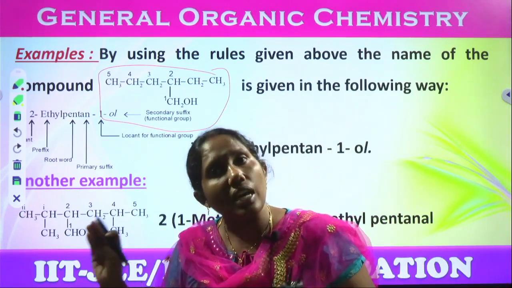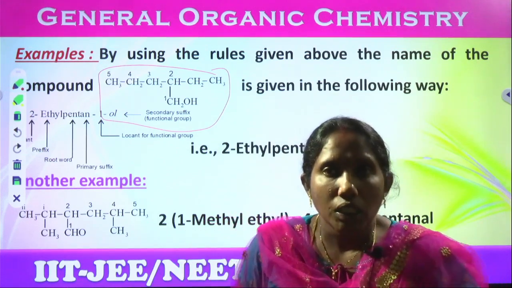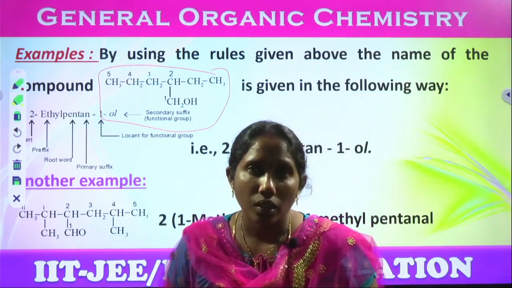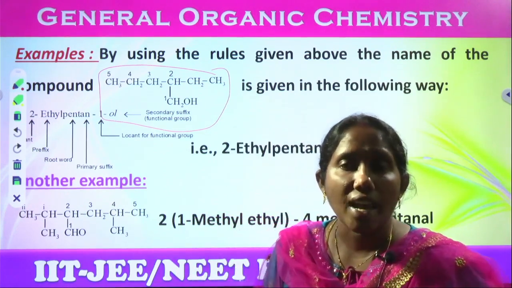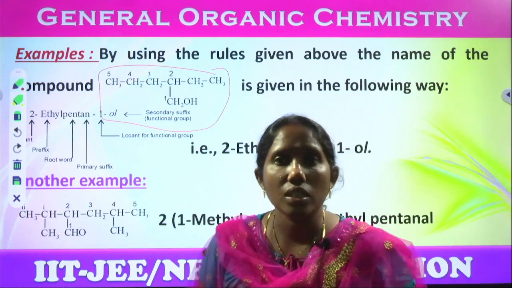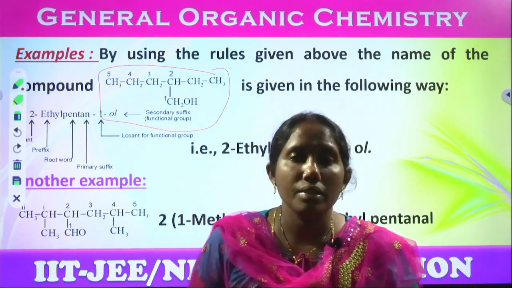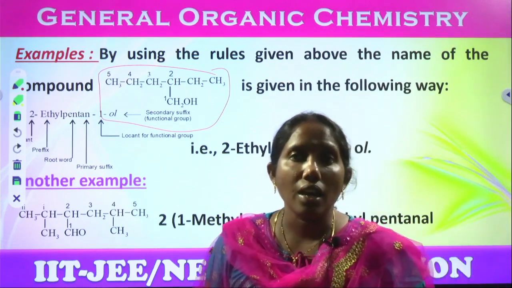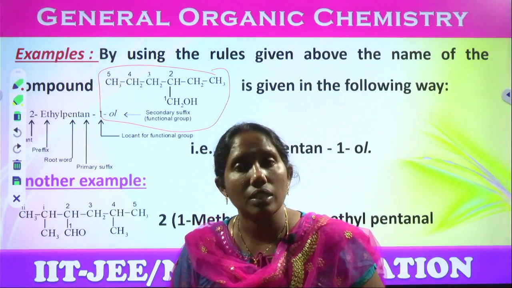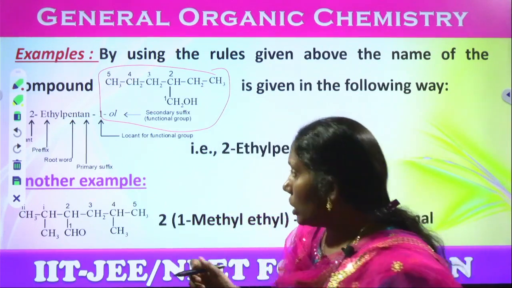How many prefixes are there, that many prefixes we have to write first in alphabetical order. Next, root word. Next one is the primary suffix, means any saturation or unsaturation that is present, we have to write that. After that, secondary suffix. Primary suffix is the saturation or unsaturation. Secondary suffix is nothing but any functional group that is present, that functional group's suffix. So this is the order.